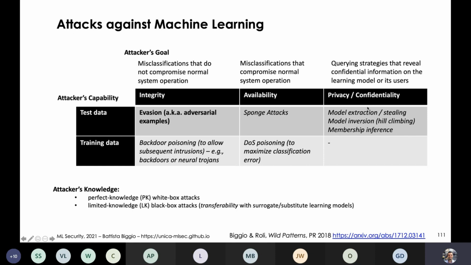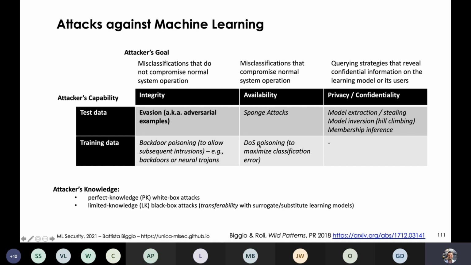Then there is this whole category of privacy violations, for which I have a bunch of slides afterwards, so I'm not going to discuss this at this point. And the same thing is for backdoor poisoning. I just want to quickly mention what denial of service poisoning attacks are.